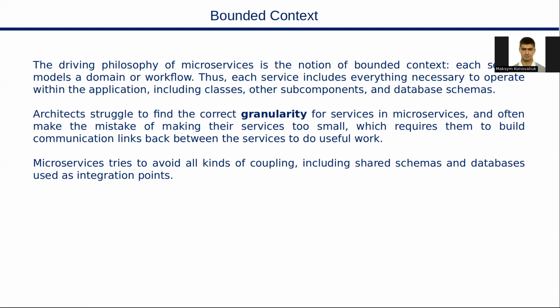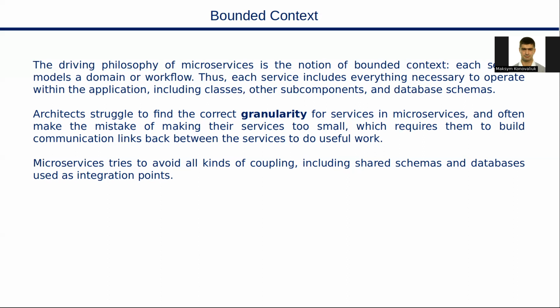Architects struggle to find the correct granularity for services in microservices, and often make the mistake of making their services too small, which requires them to build communication links between the services to do useful work.